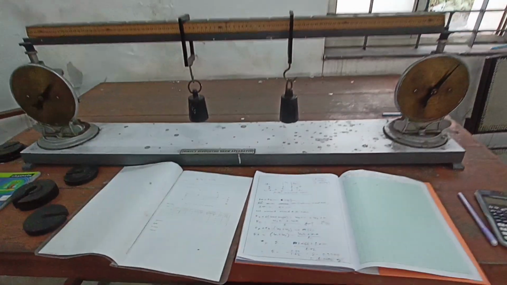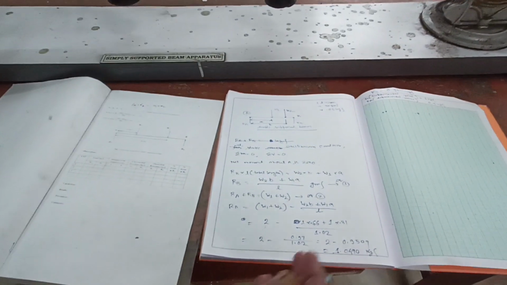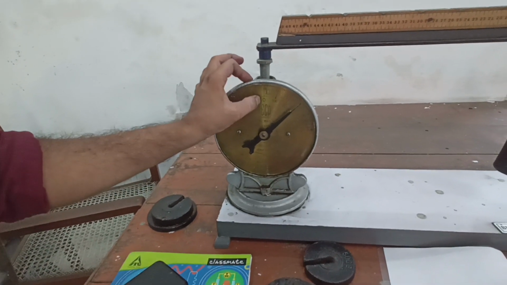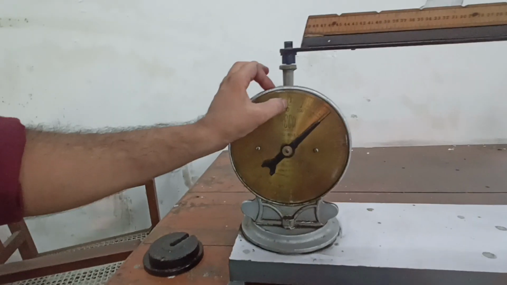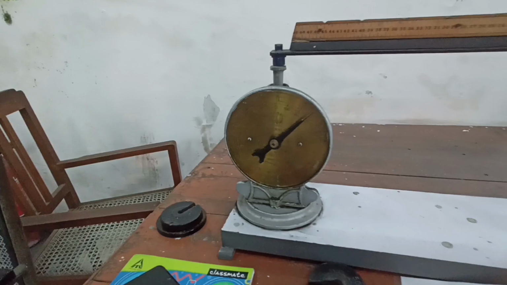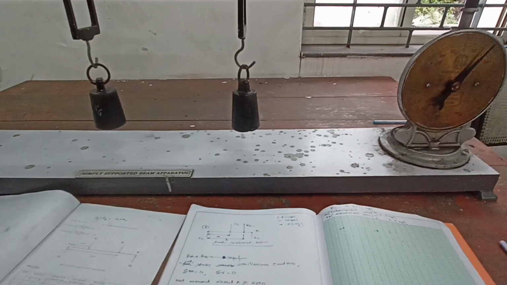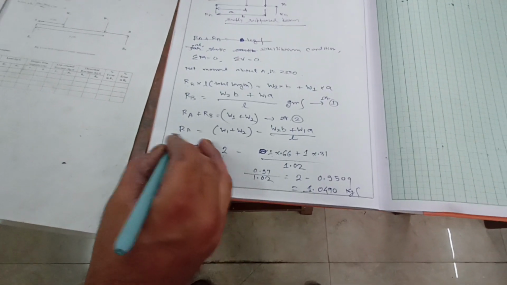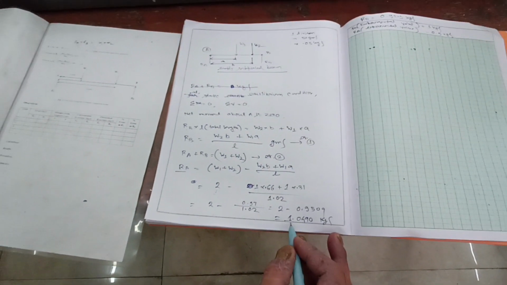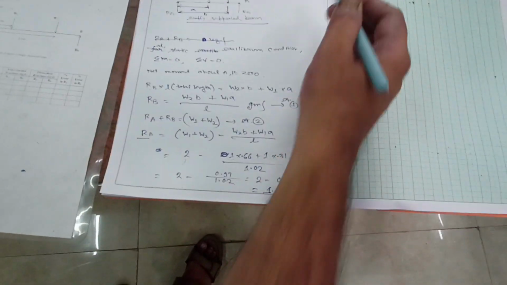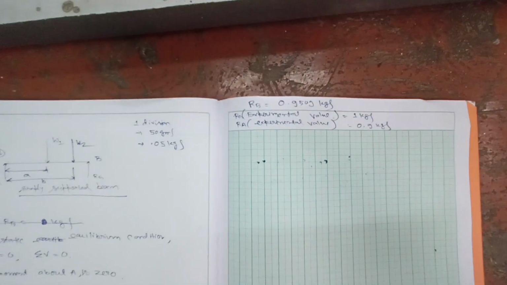Here the division is 500 gram F, so one division is equal to 50 gram F or 0.05 kgf. So we get 2 minus this value. The RA theoretical value is 1.0490 and RB is 0.9509.